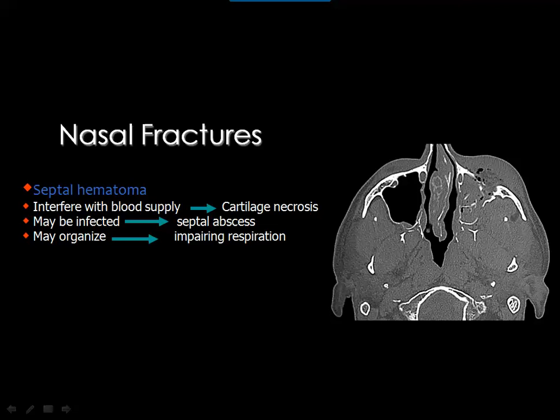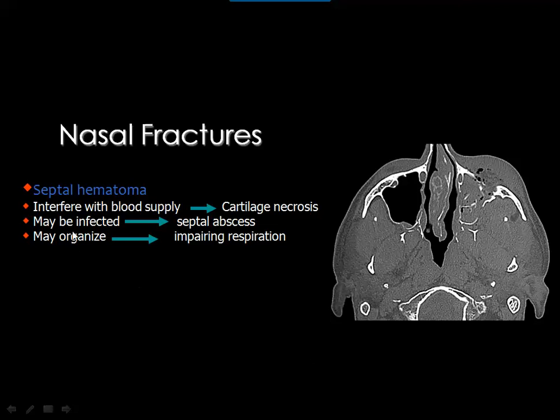Then fractures of the nasal bones may also affect the nasal septum, and one of the known lesions in the nasal septum is what is called septal hematoma. And here you can see that the bony nasal septum is markedly swollen, and it is fractured, and you can see this soft tissue density represents a septal hematoma.